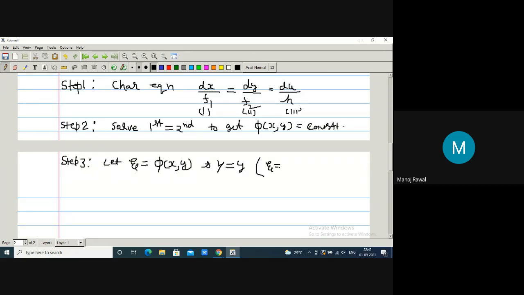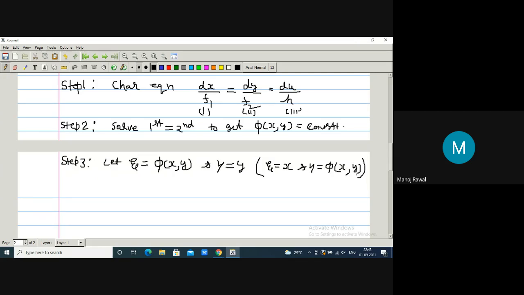If you want, xi is equal to x and eta is equal to phi xy, that choice is also available. It's up to you.